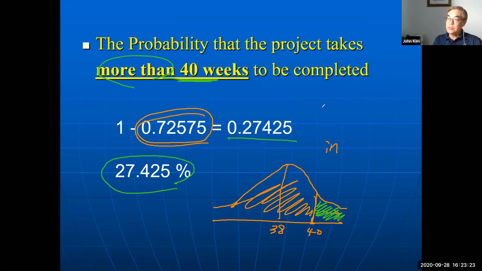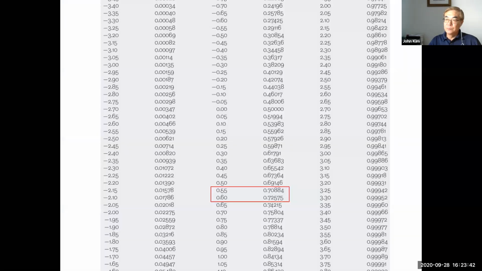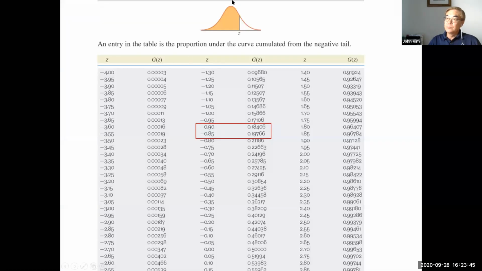So if the question asks in, then find that area from the chart. Let me show you the chart. On the top of the chart, the given area associated with the z-score is the left side.